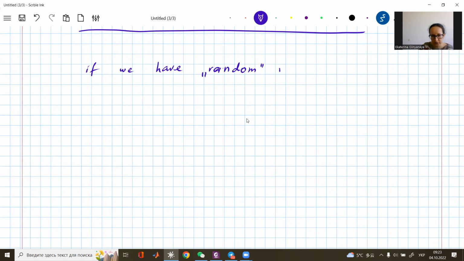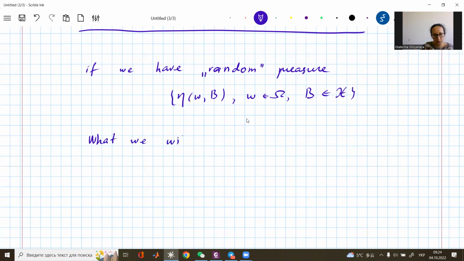But if I have a random measure eta, for all B a subset of the sigma field on our space, what kind of probabilities would we like to calculate? What would we like to know about this?